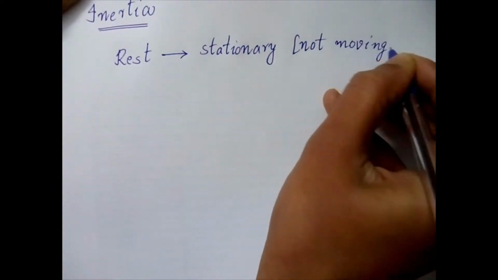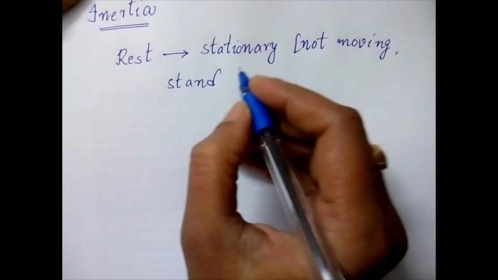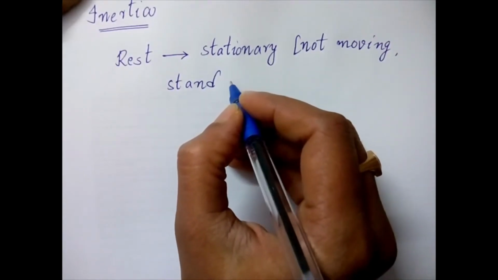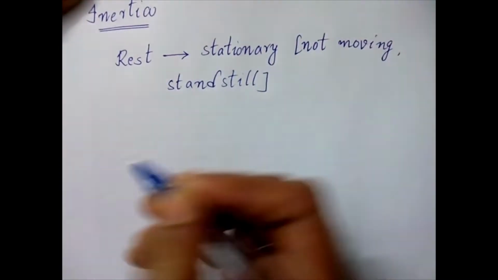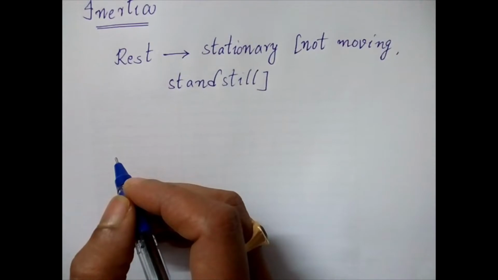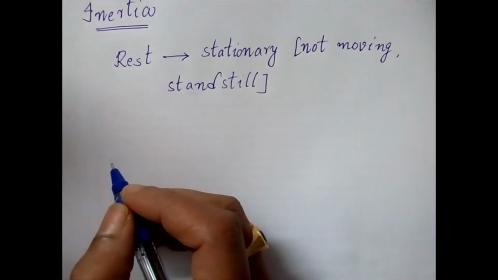Any of these terms can be used. If we generally talk about objects, if the object is not moving, we say the object is at rest. Not moving in the sense with respect to a certain reference frame.